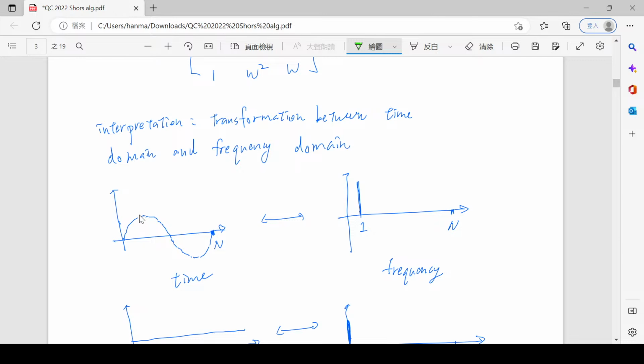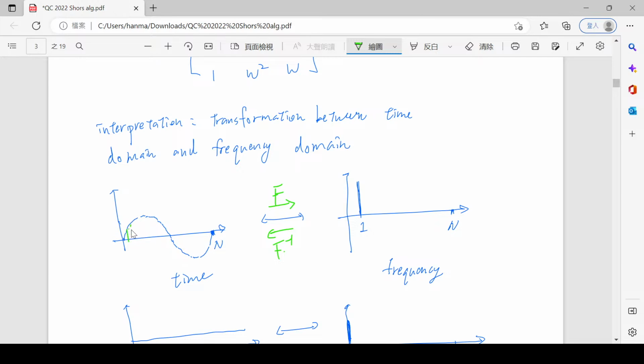I'm not sure which direction is F and which direction is F inverse, but suppose this is F and this is F inverse. The idea is that we have some signal, let's say a discrete signal, although we write a continuous line.